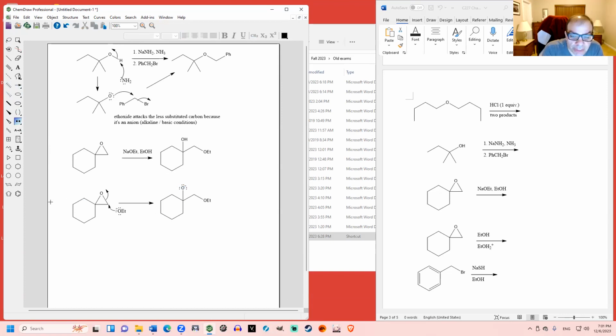And you get this alkoxide intermediate. The alkoxide intermediate then just needs a proton in order to give a neutral product.